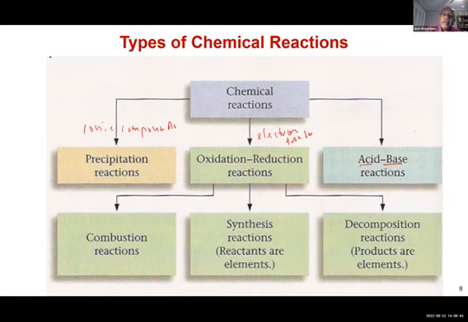Now, if you look at oxidation, combustion reactions are when the element oxygen is combined with another compound. That's an oxidation reaction. Formation of compounds, synthesis reactions, are oxidation reactions. Decomposition reactions too. So there are many places where we see oxidation reactions, called redox reactions. Precipitation is mainly between salts, and acid-base between acids and bases.